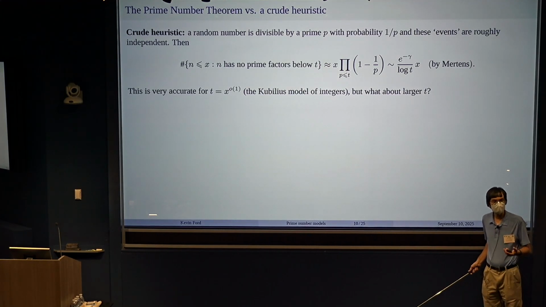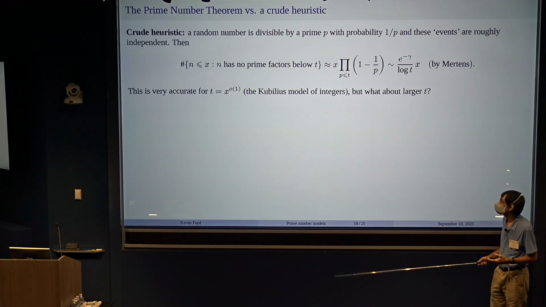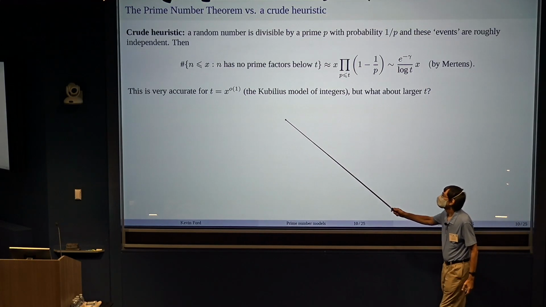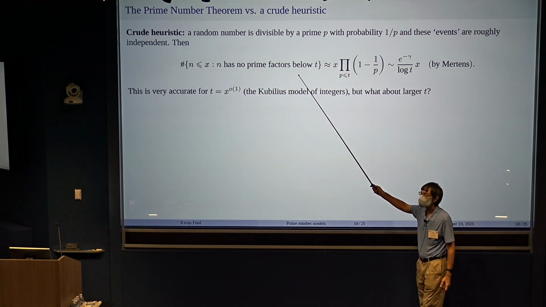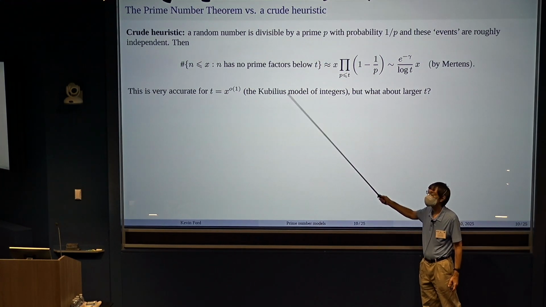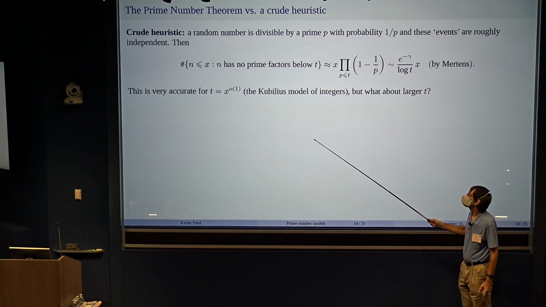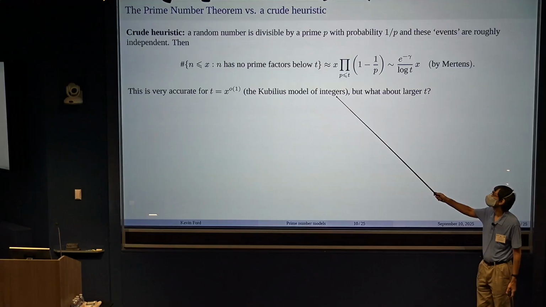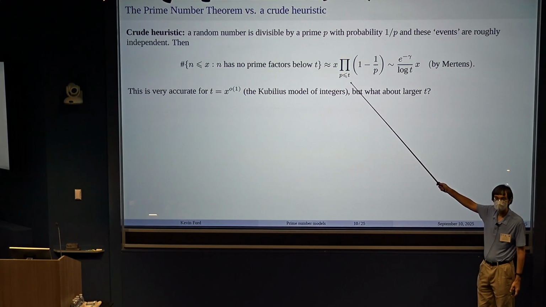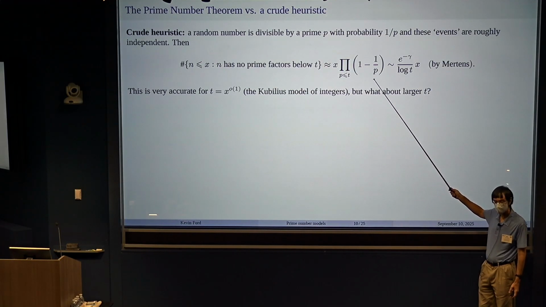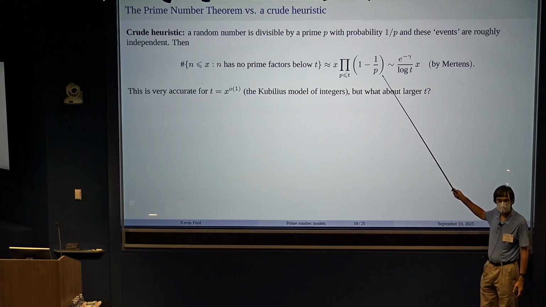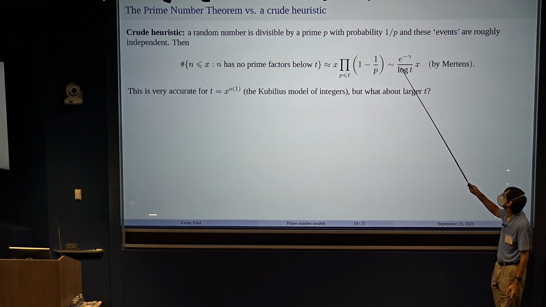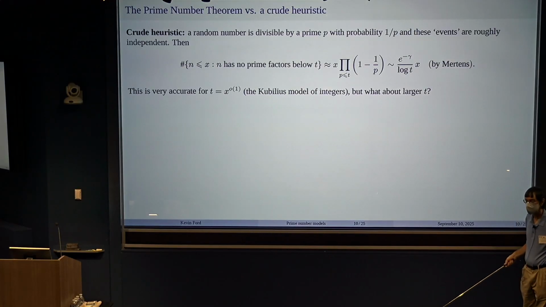So what that leads to is a heuristic reasoning. If we count how many integers there are up to x that have no prime factors below t, by independence, this should be approximately x times the product over the primes p up to t of 1 minus 1 over p. The Mertens formula gives an asymptotic for this, so we get e to the minus gamma over log t, times x.